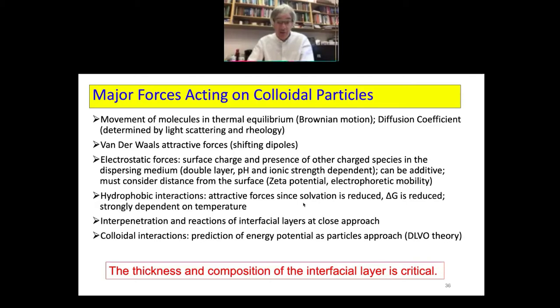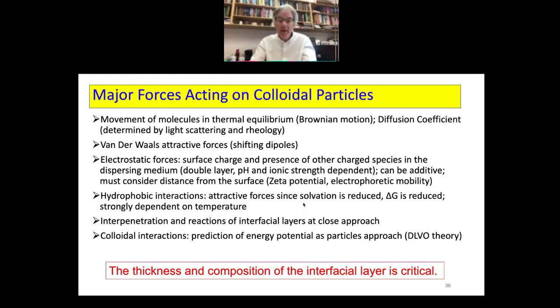We've got electrostatic forces, as I alluded to already. We've got the surface charge that exists on the surface, and we can measure that with things like zeta potential or electrophoretic mobility when we look at the surface charge of a particle and how it opposes other particles that have similar charges.